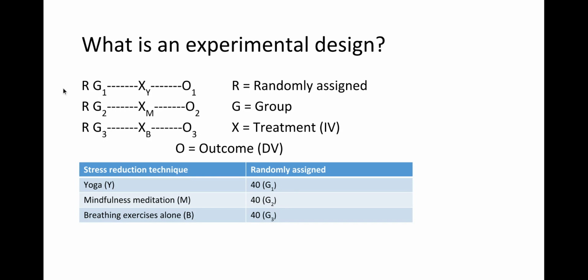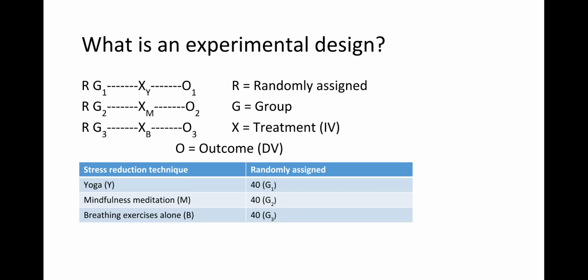So now the R represents random assignment onto the three groups, and each group receives its own treatment. So this treatment group membership becomes your independent variable, or you can just call it treatment as the independent variable.